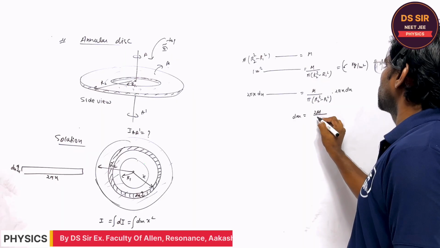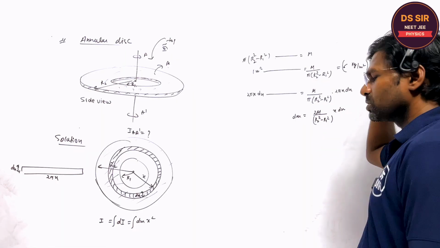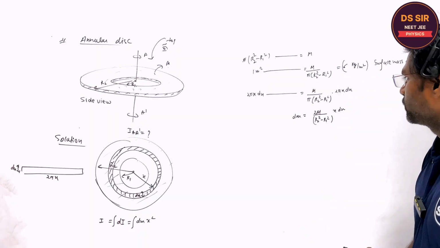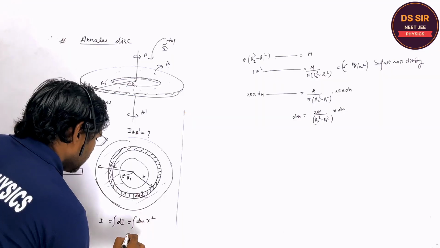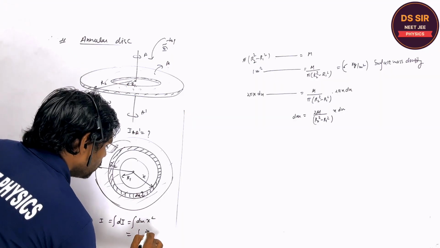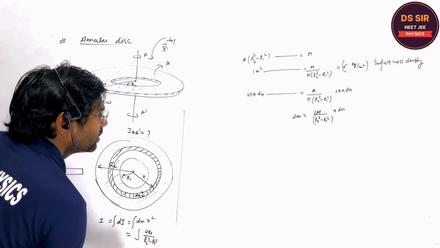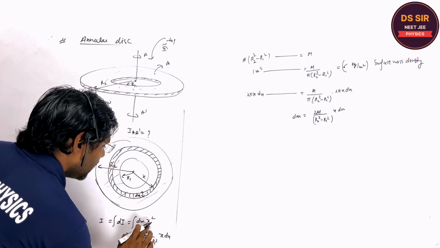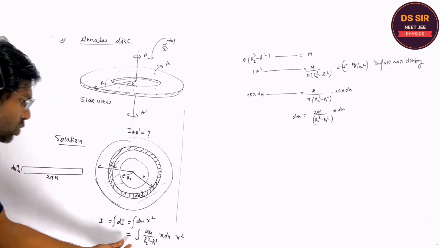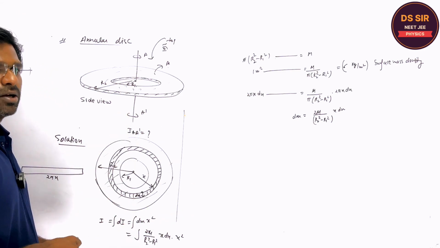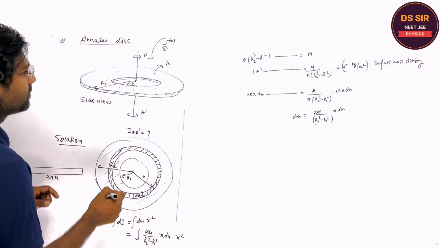That is, 2m upon r2 square minus r1 square into x dx, and this is multiplied by x square. Copy this and simplify. Also, can you tell me what will be the limit of the integration? This ring starts from where to where?